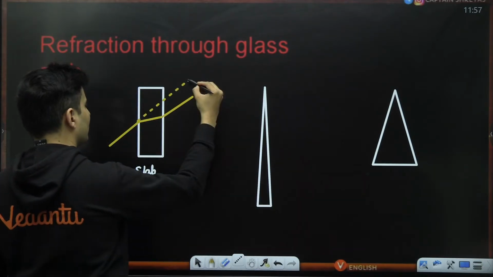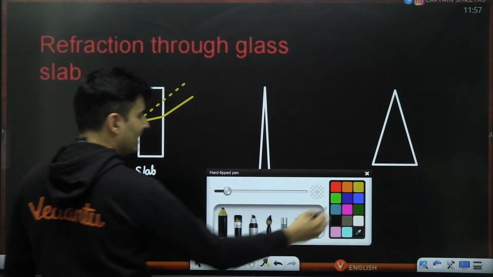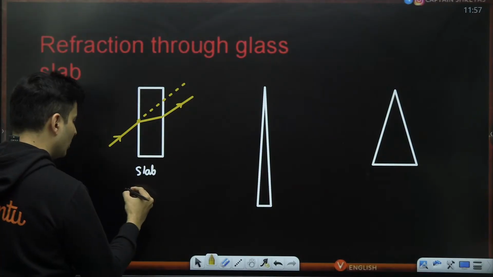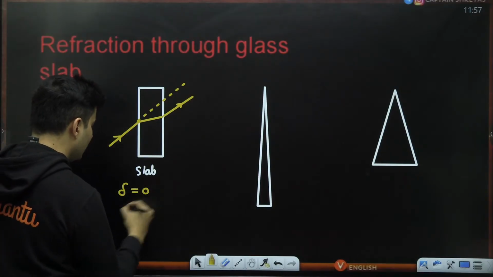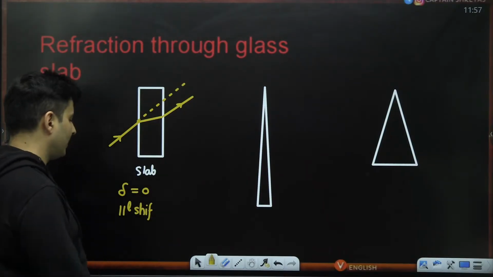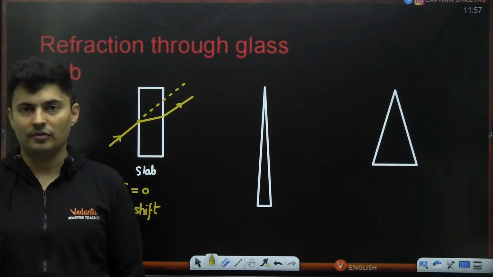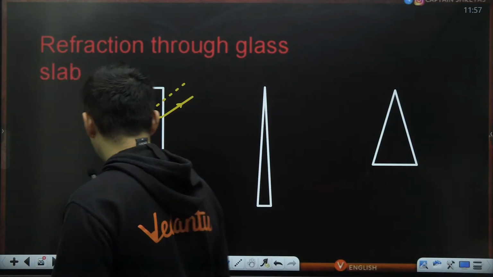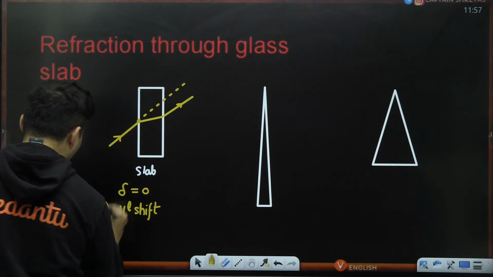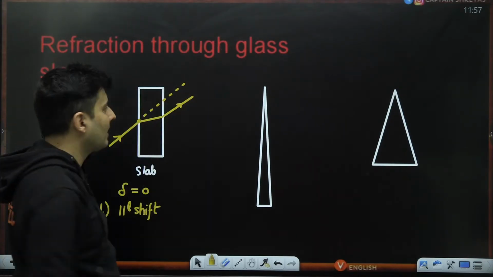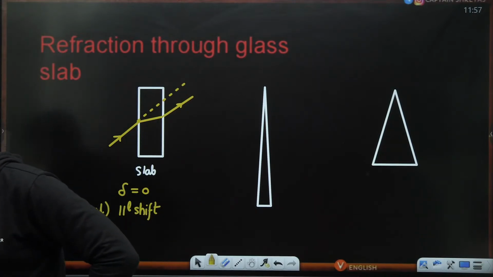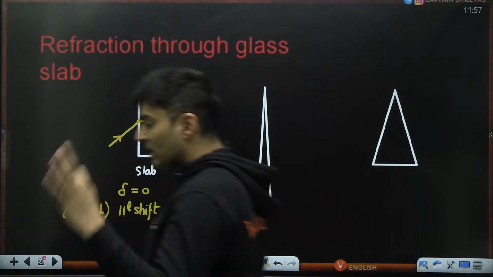And if this was the incident ray's direction, you will see that the incident ray and the emergent ray are parallel. So there is no deviation. There is a parallel shift. Or basically, I will also call it a lateral shift. The ray gets shifted and it comes out the moment it passes through that particular glass slab.